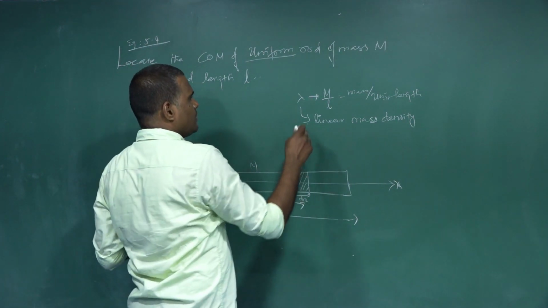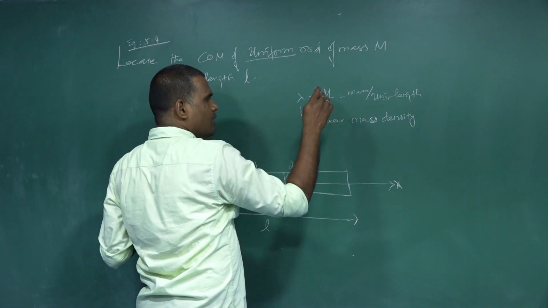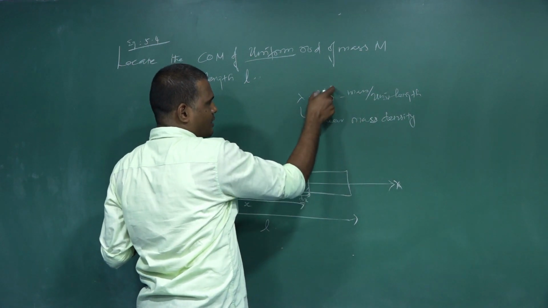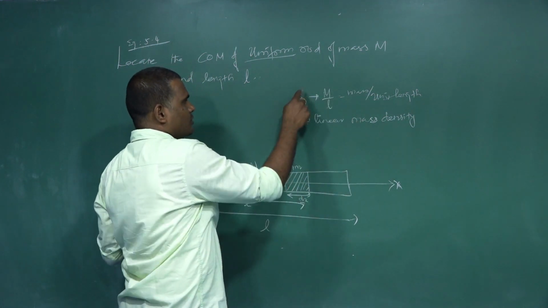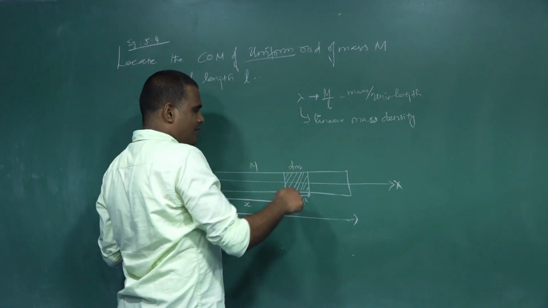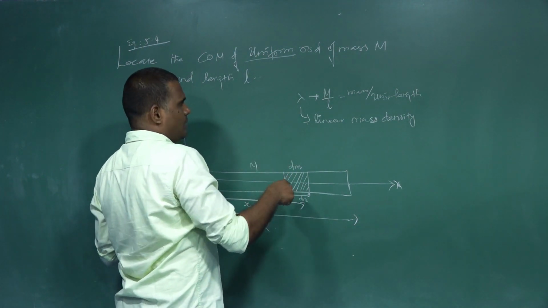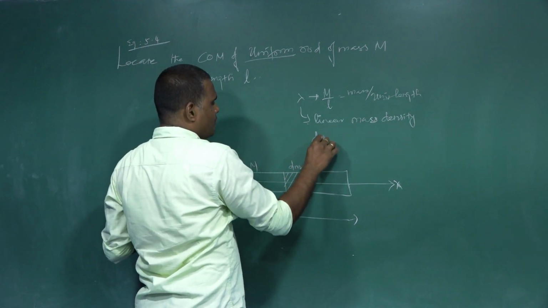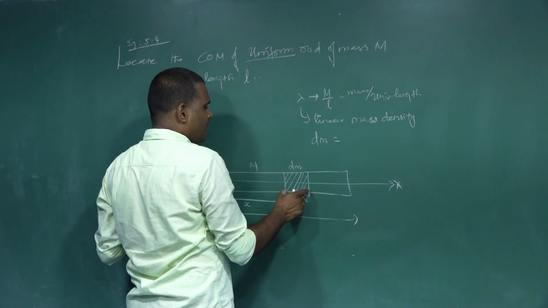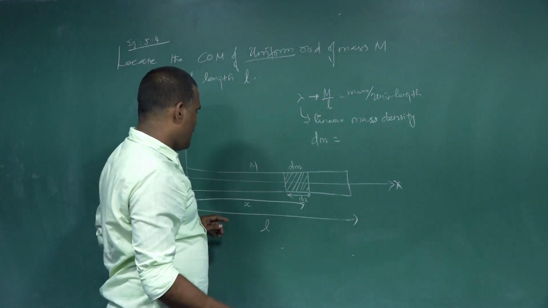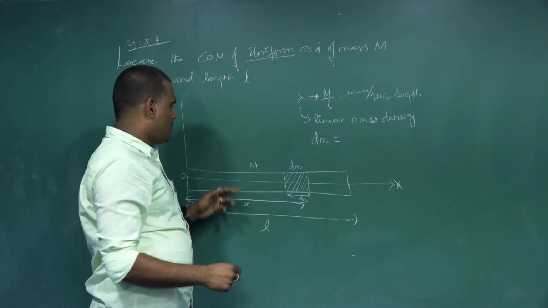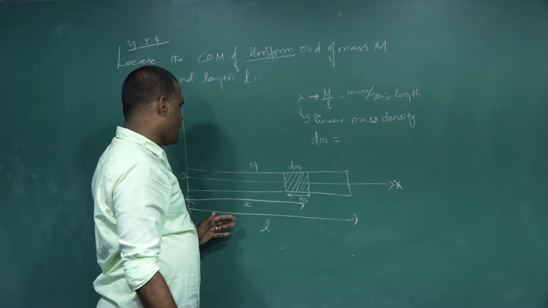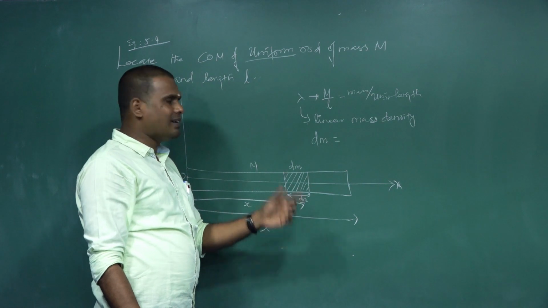If for unit length the mass is taken to be capital M, whose representation is lambda, what is the mass of the small element of length dx? For a length L, mass is taken as capital M. For length dx, what is the mass?